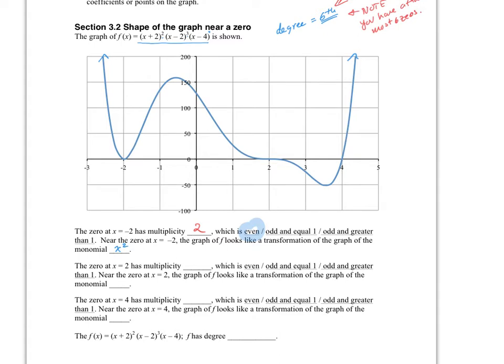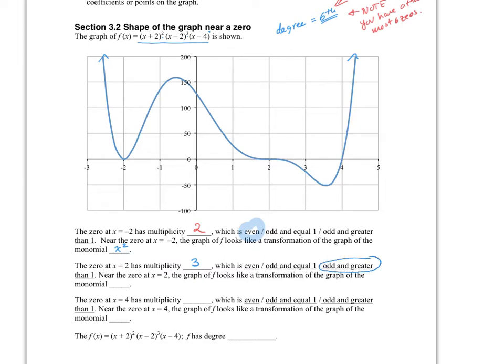Now the 0 at x equals 2, you look closely, this is like a cubic equation. So therefore this one has multiplicity 3. Why? Because you can see that the exponent for this one is 3, and I told you that already. This one is odd and greater than 1, because the multiplicity is 3.